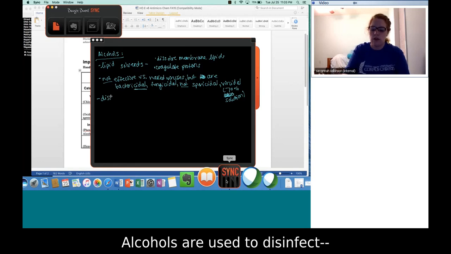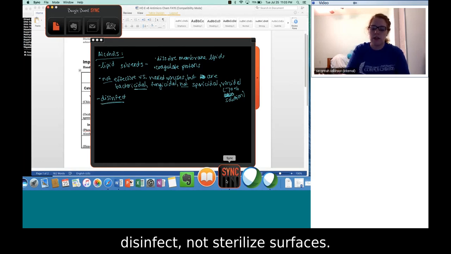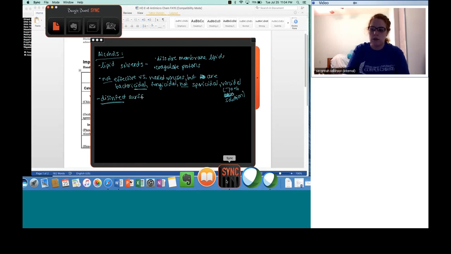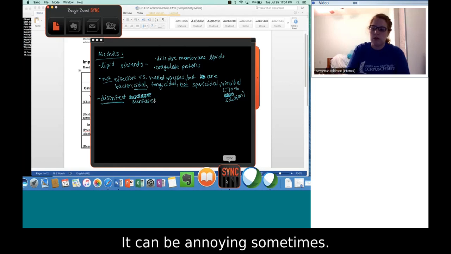Alcohols are used to disinfect, not sterilize, surfaces. Sorry, I keep hitting this button on the pen, and it can be annoying sometimes.